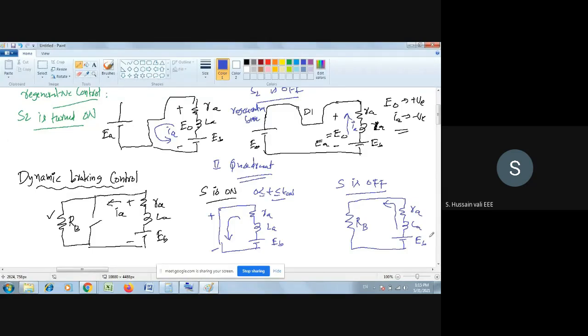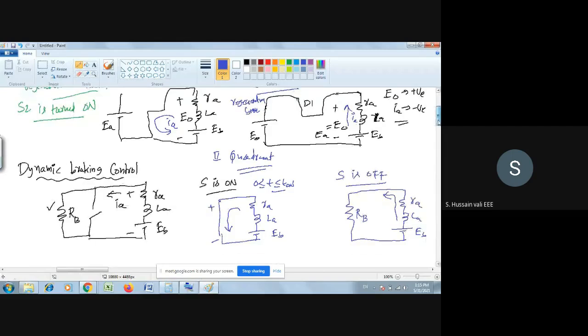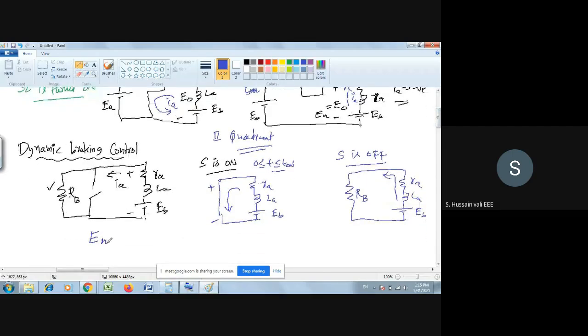Now we are interested in calculating the energy dissipation in RB. How do you find it? Power dissipation in RB multiplied by the time.